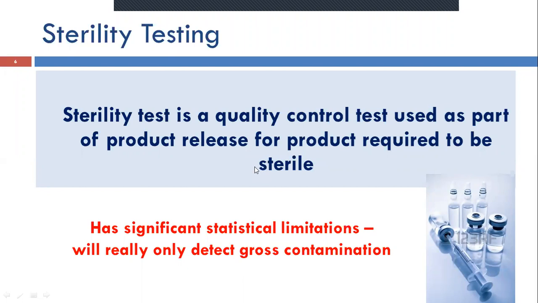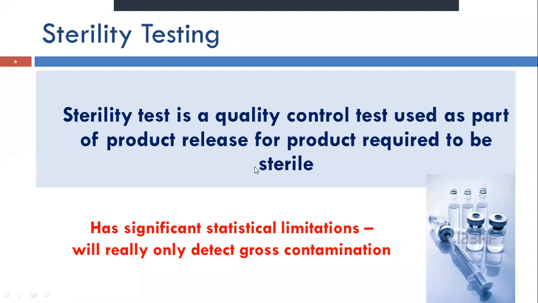But this sterility testing has significant statistical limitations. It will really only detect gross contamination. That means, as I told you once again, that each and every unit is not being tested. Suppose our product is around 100 liters of a solution, a liquid, which has been sterilized, and then it is to be filled in the final containers.